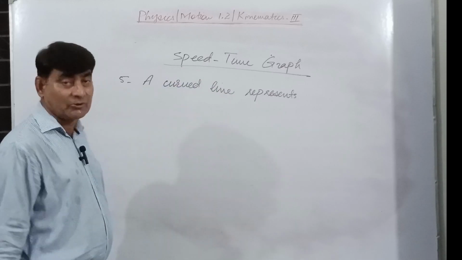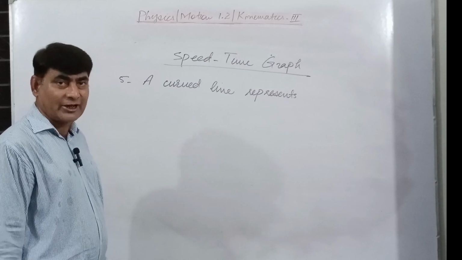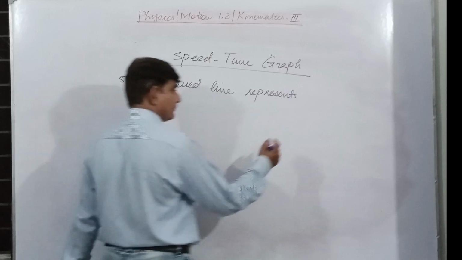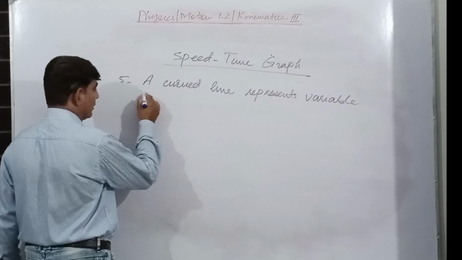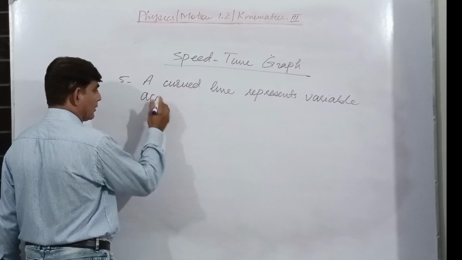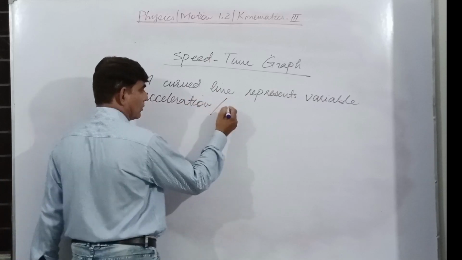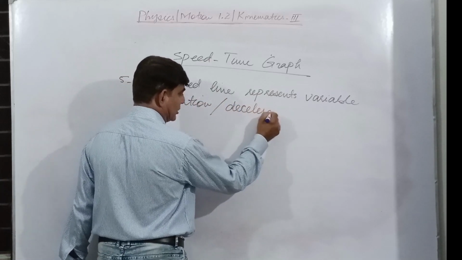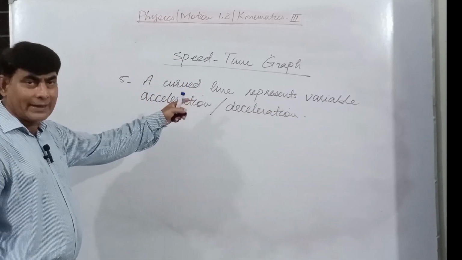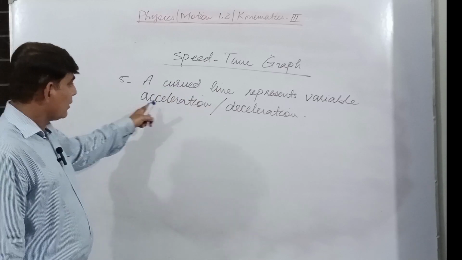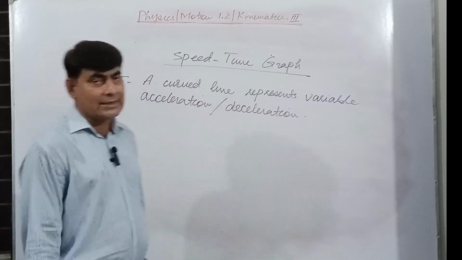A curved line represents variable acceleration or deceleration, or retardation. So a curved line will show variable acceleration or deceleration.